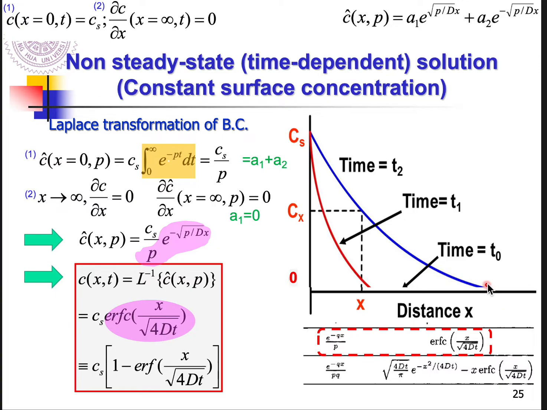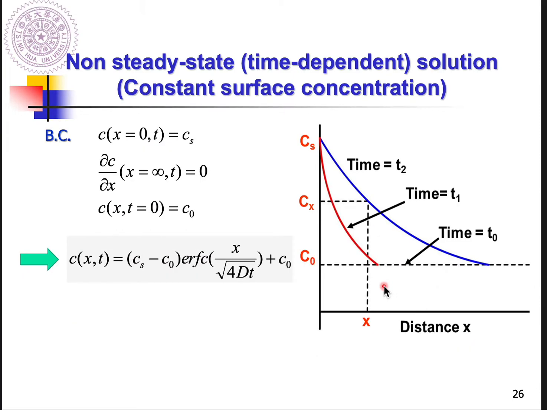But in order to explore solutions for more cases, how about if your material contains some amount of these diffusing atoms? Then the third boundary condition should be changed from 0 to C0, so the corresponding solution needs to be modified by minus 0 plus C0.